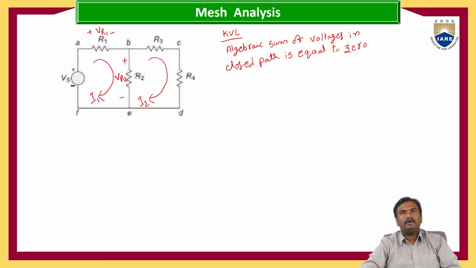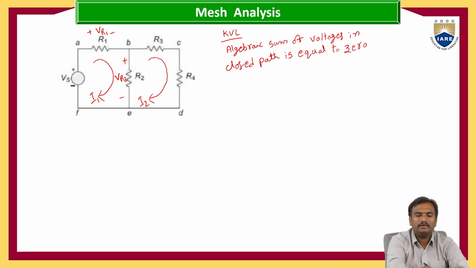While writing the loop 1 equation, because the resistance R2 is connected with both the loops, when we write KVL for loop 1, we have to consider that the I1 current has higher magnitude, so the resultant current flows through it downwards.